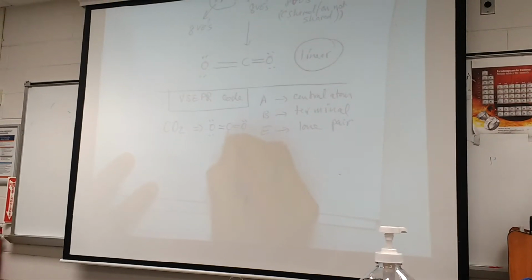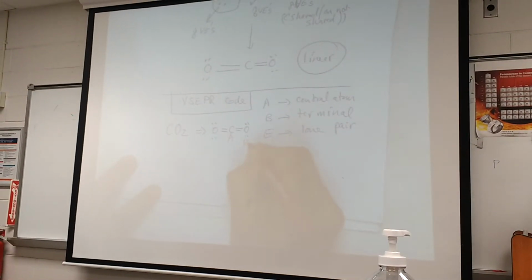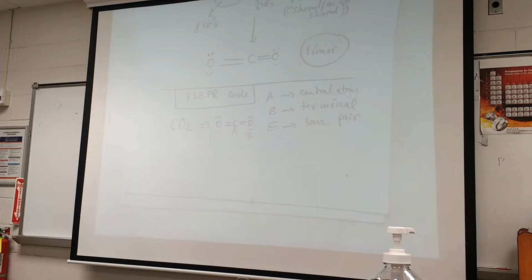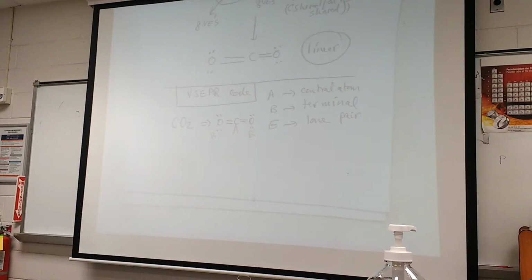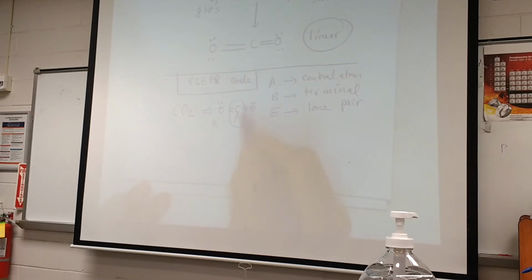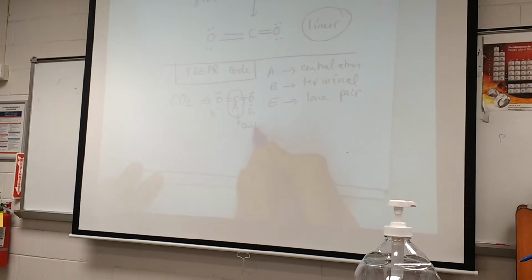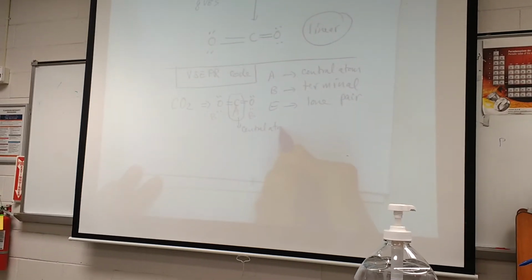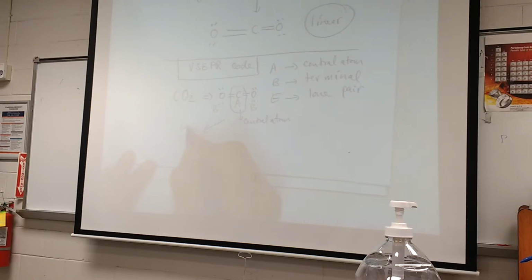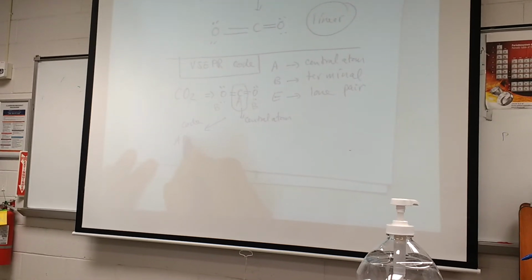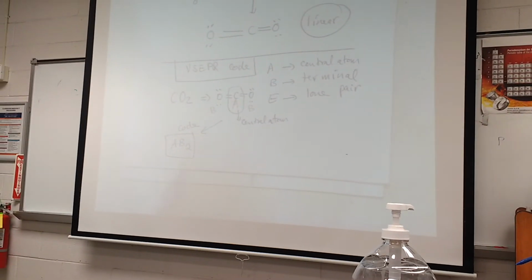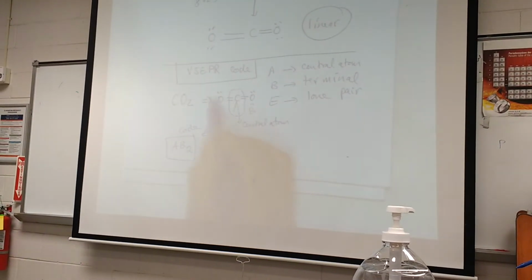This is A. This is B. This is B. A, B, B. Now, we always consider what? The central atom. And this is the central atom, correct? Now, the code of this will be AB2.